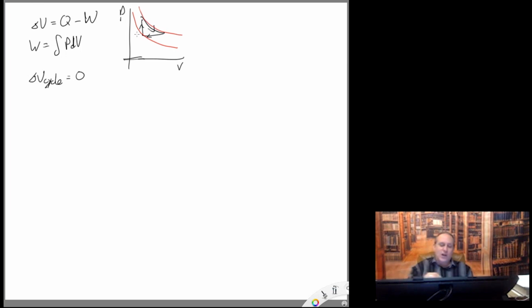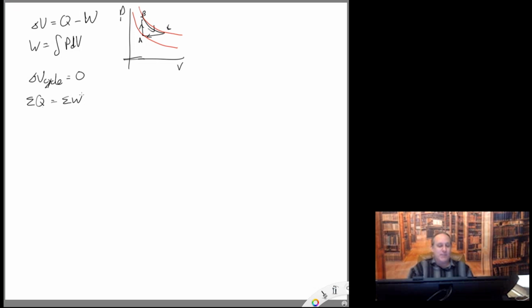If we start at, let's say, point A on a cycle and go to point B and then point C and return to point A, whatever the temperature was at point A when we started, it's still the same temperature. Since the temperature hasn't changed, the delta U for the complete cycle is zero. And that means the net Q equals the net work. So if you add up all the Q's from every leg of the cycle, it adds up to all the work, which of course is just the area enclosed.